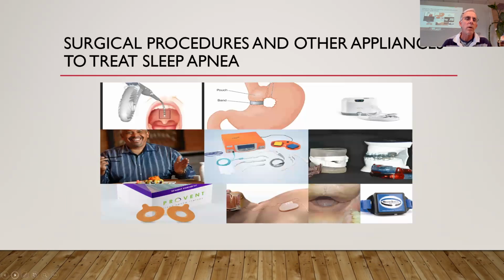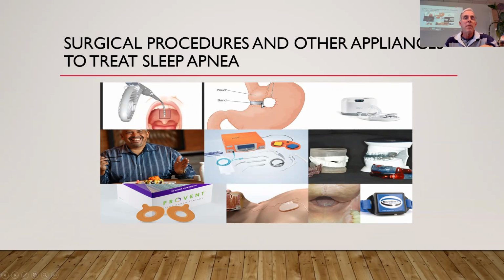Okay, let's go forward. Now, some of the procedures, again, there are so many things that can be used. Ablating places in the back of the throat, shrinking the tissue, for lack of a better way of putting it, opens the airway up.